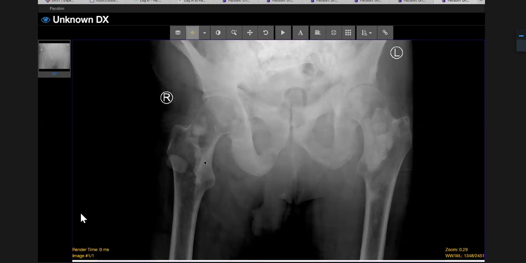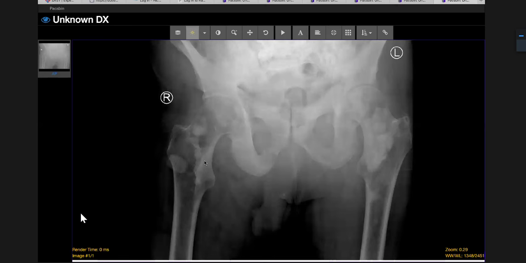So prostate mets, any differentials? So things that would increase the density of the bone, like, is it hypoparathyroidism? Sorry, I'm trying to think.